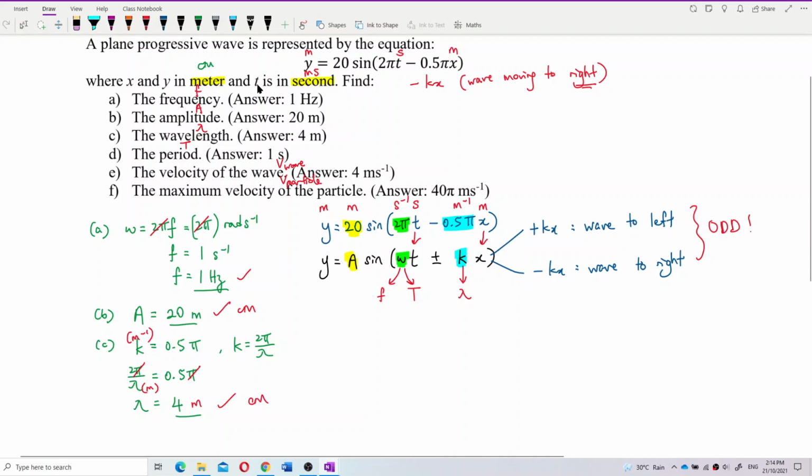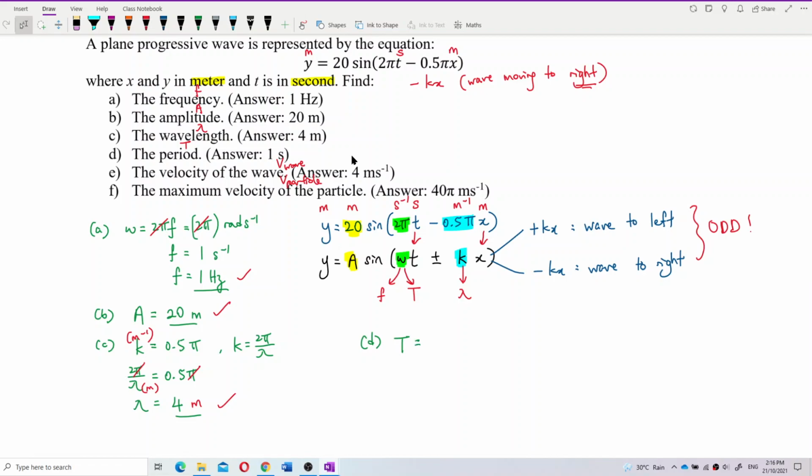Okay, right now our x and y are in meter, so our amplitude and wavelength are also in meter. Our time is in second. So our period, question D, is also in second, not millisecond. How to find the period?